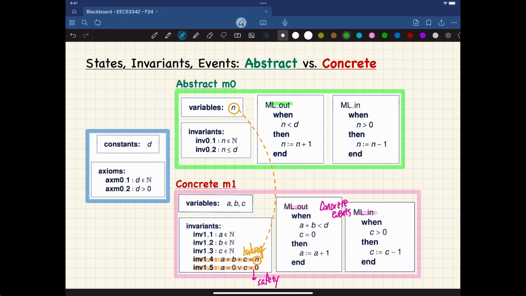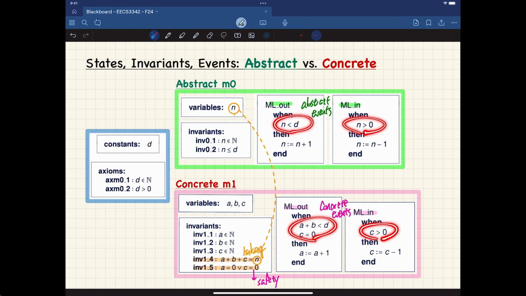And these two, the counterparts in the abstract model, are the abstract events. And of course, the guards over here are the abstract guards, and these are the concrete guards. So basically we just add abstract versus concrete to the guards, events, or actions. Similarly, this will be the abstract action, and this will be the concrete action.